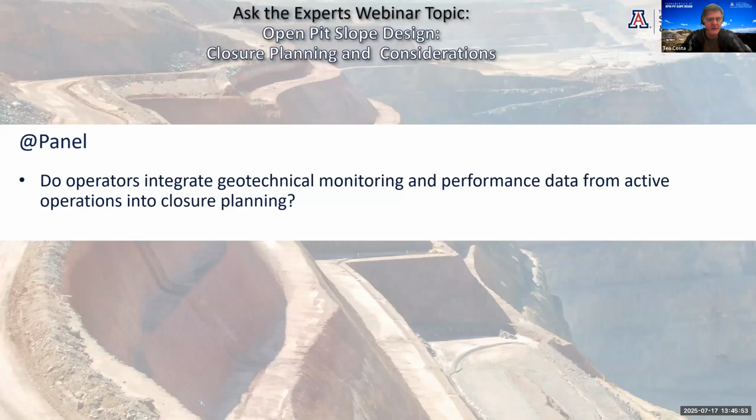So we can leave the prisms and the ground radars, and use InSAR monitoring for what we call long-term monitoring. So I think it could be a good way to integrate monitoring into closure planning and mine closures.